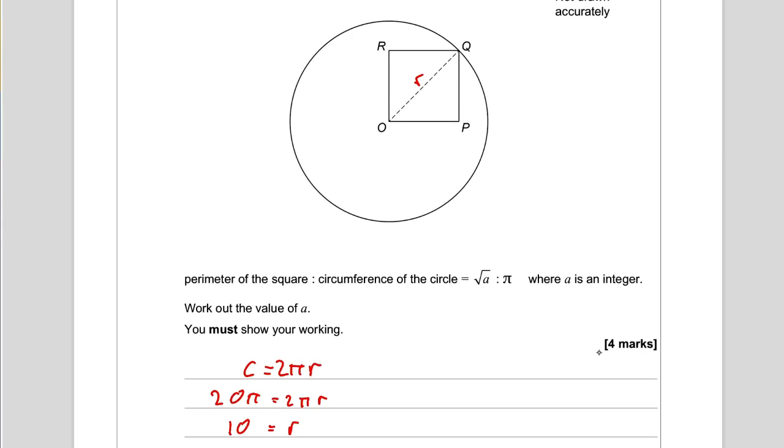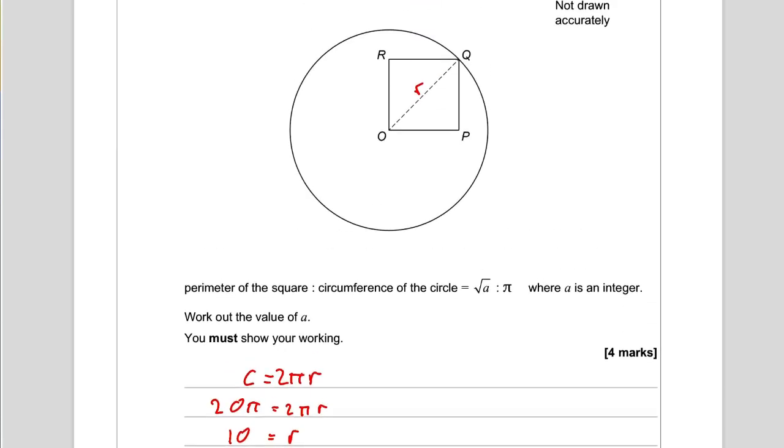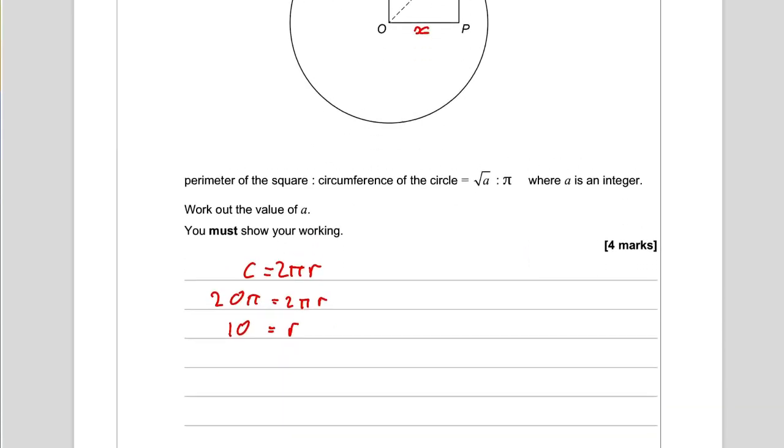Right. So based on Pythagoras, I'm going to call this length x for now. The radius squared is going to be equal to x squared plus x squared. And we know the radius is 10, so 100 is equal to 2 lots of x squared.